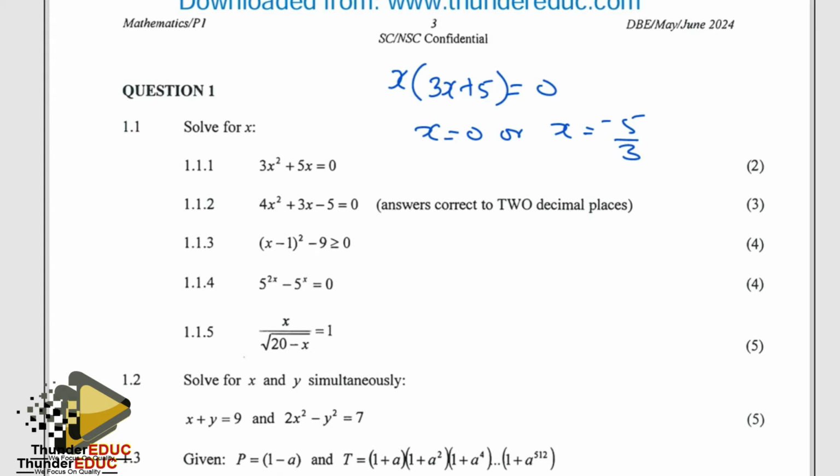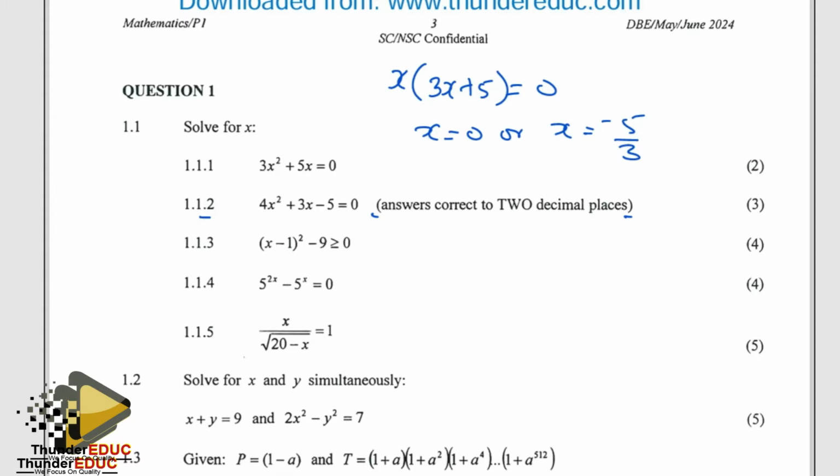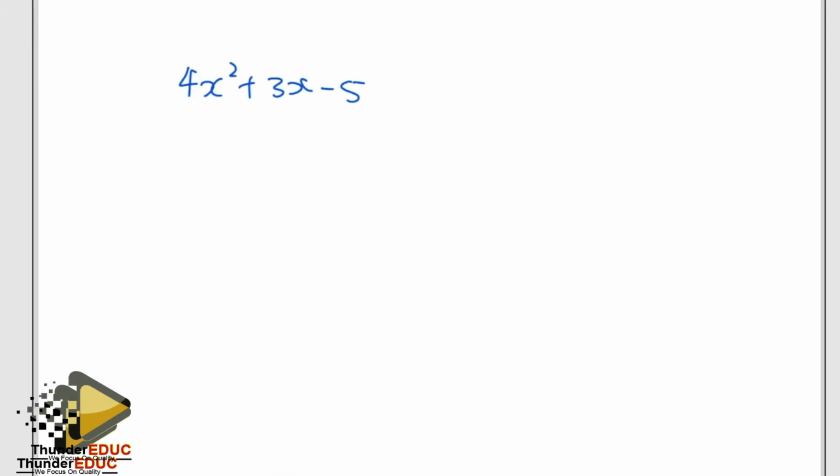And then 1.1.2, we're being told that 4x squared plus 3x minus 5 is 0. Now remember I said for as long as we see this bracket there of two decimals, which means we have to use a quadratic formula. Okay, so I'll just do this on the other page. So we have 4x squared plus 3x minus 5 is equal to 0.